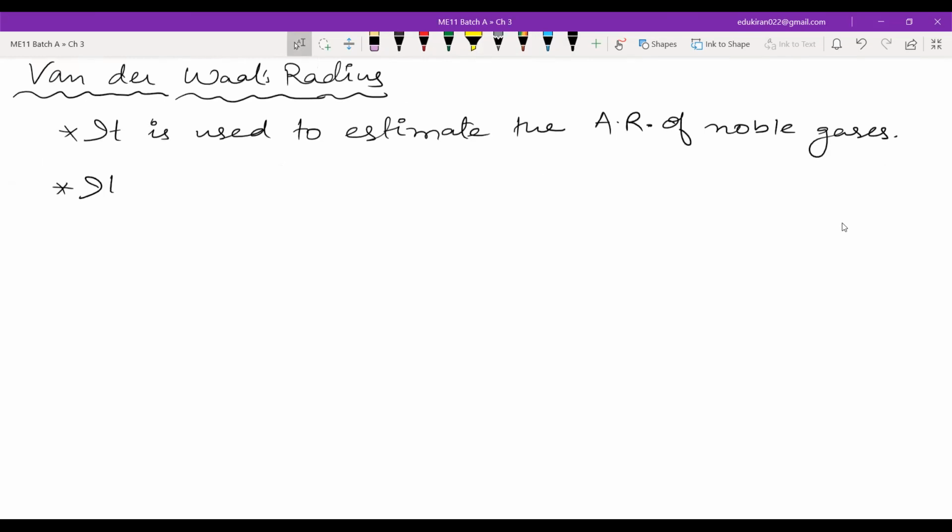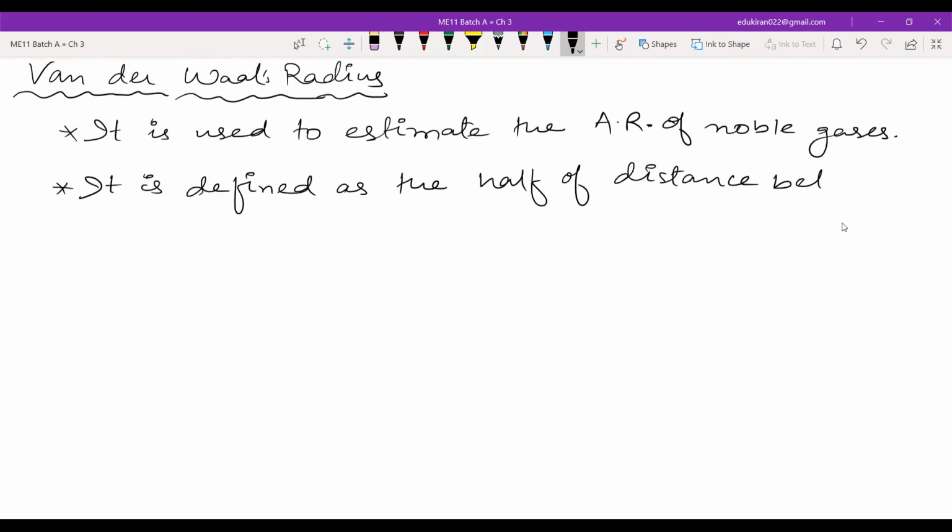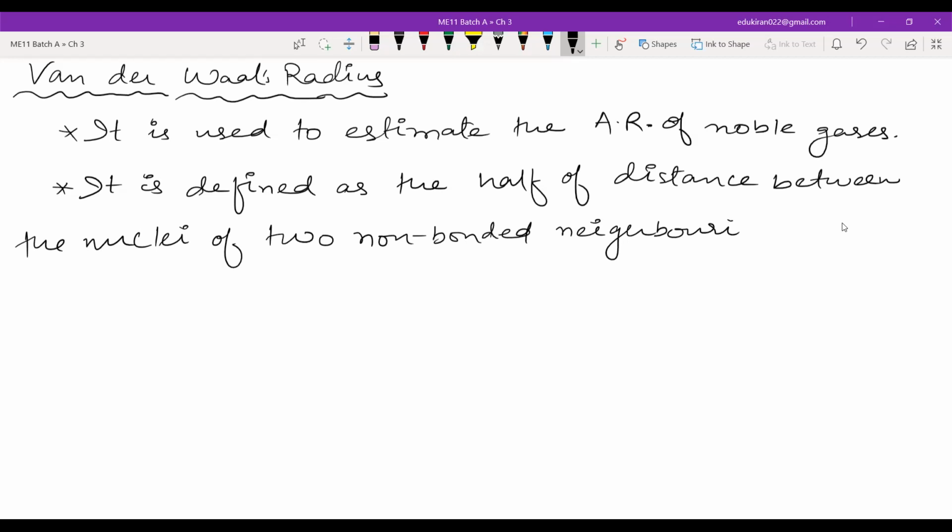It is defined as half of the distance between the nuclei of two non-bonded neighboring atoms of noble gases. You can write this, of noble gases.